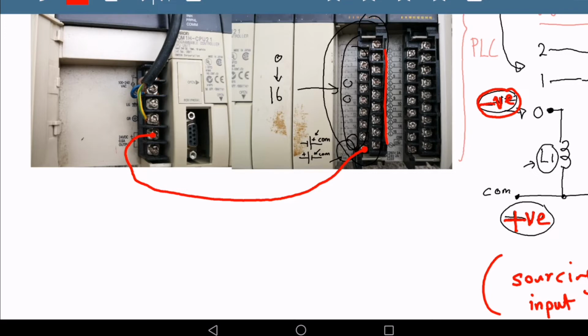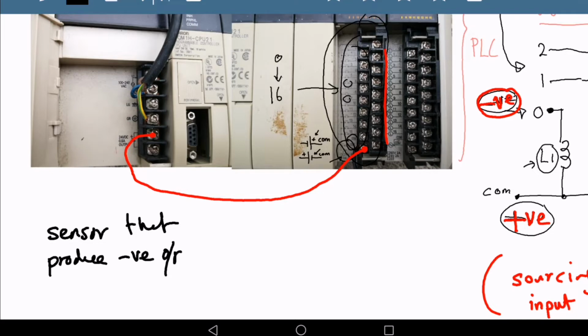So what type of sensor produces negative output? Remember? Yes, it is NPN. NPN sensor.